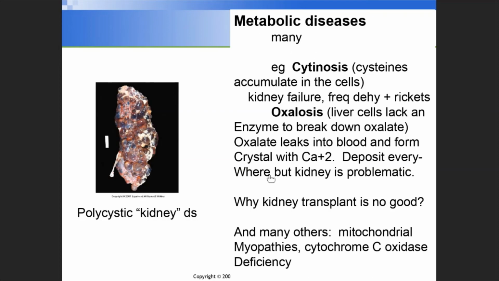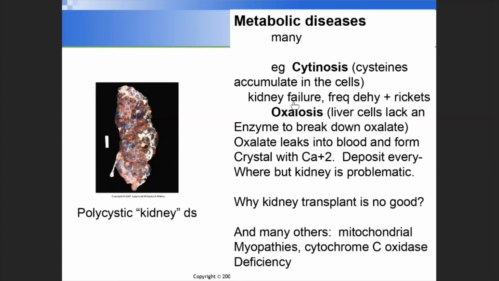Two metabolic disorders I want you to think of are cystinosis and oxalosis. In cystinosis, the amino acid cysteine accumulates in the cells. One of the common things is that they start to develop kidney failure early on.